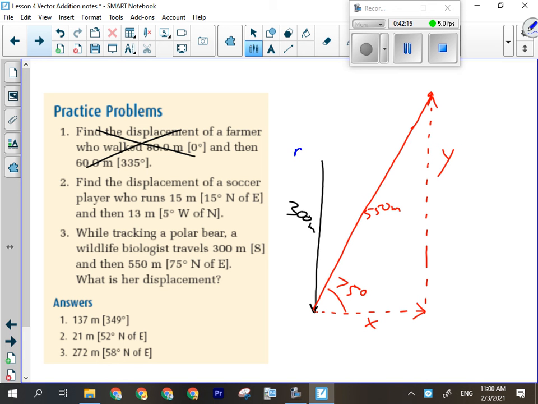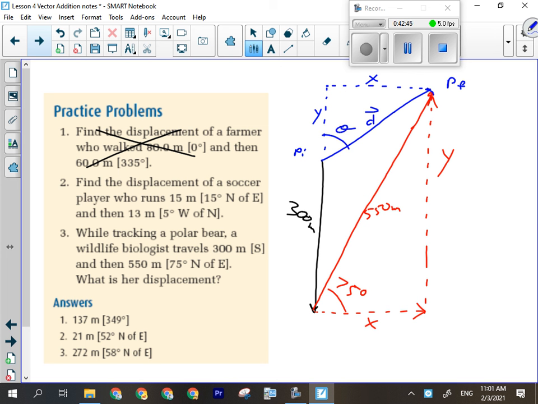Always from my initial position to my final position. Now you can draw this triangle either way. You could draw it across like this. I just don't like to have them cross my own lines if I can avoid it, or whatever makes more sense to you. So this will be my overall displacement. This will be its overall x, its overall y, and this will be the vector.